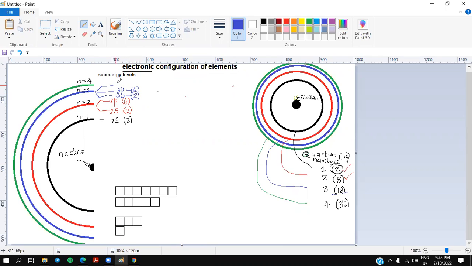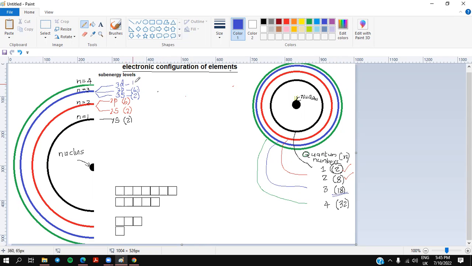After 3p, the third sub-energy level is called 3d. The third quantum number can have 18 electrons. 2 electrons come over here, 6 electrons come over here. Altogether, when 8 electrons are removed from 18, there are 10 electrons remaining.